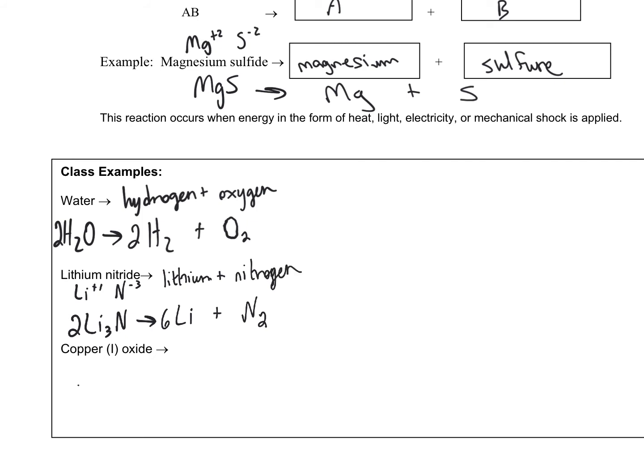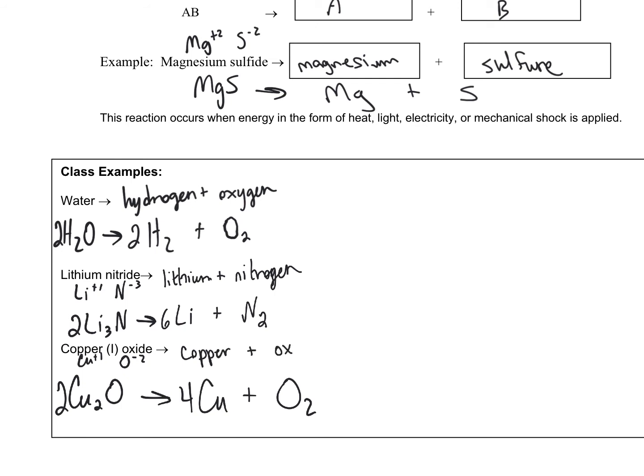Last but not least, I have copper 1 oxide. So copper would be +1, oxygen has a -2 charge. That's going to split apart into copper plus oxygen, another diatomic. To balance that out, I'm going to have 2 Cu2Os to give me my 2 oxygens, 4 coppers, and I finish the word equation, copper plus oxygen.